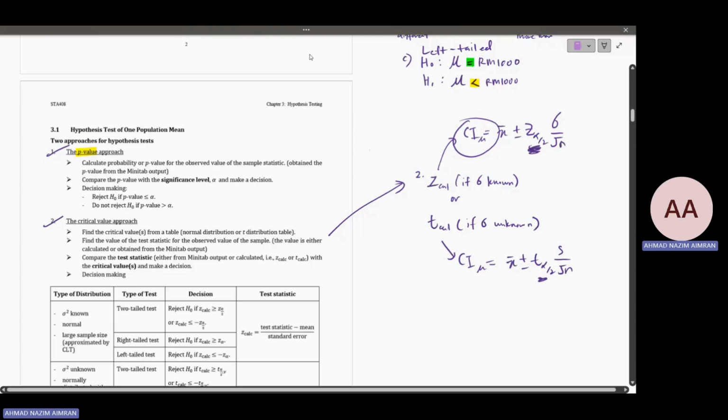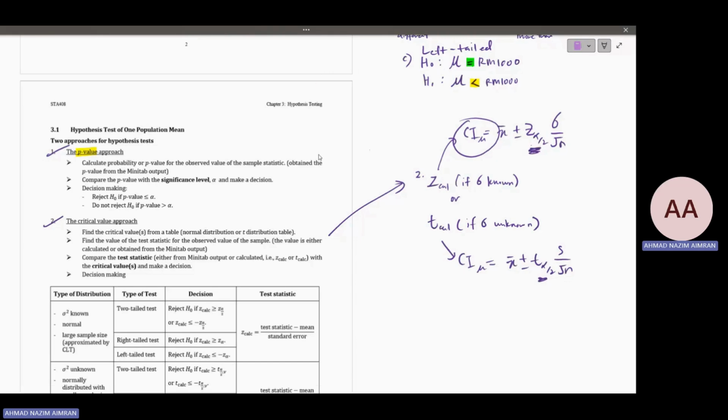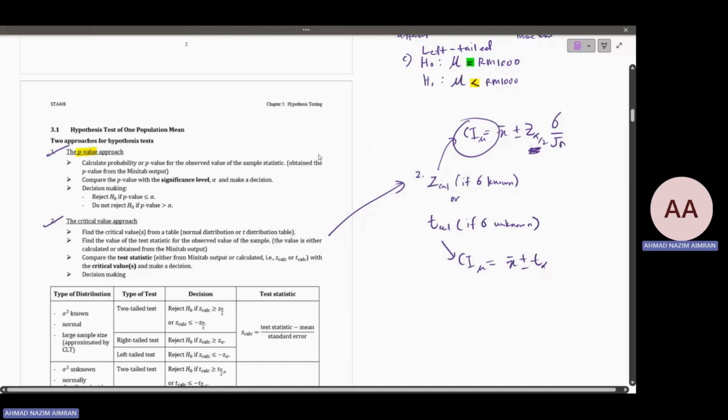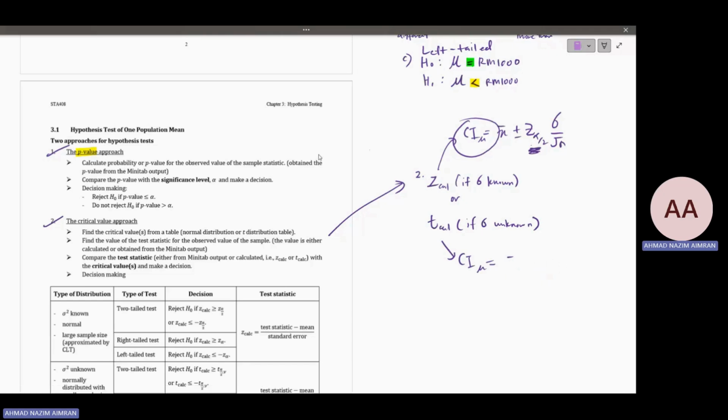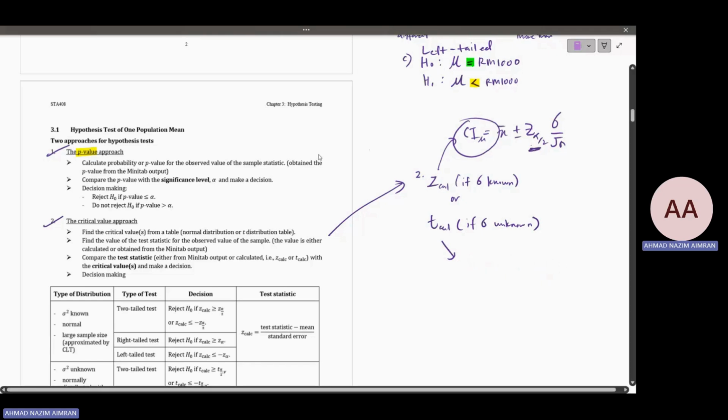It is the same for this chapter. If the standard deviation of the population is known, use Z distribution. And if it is unknown, use T. But the equation is a bit different.